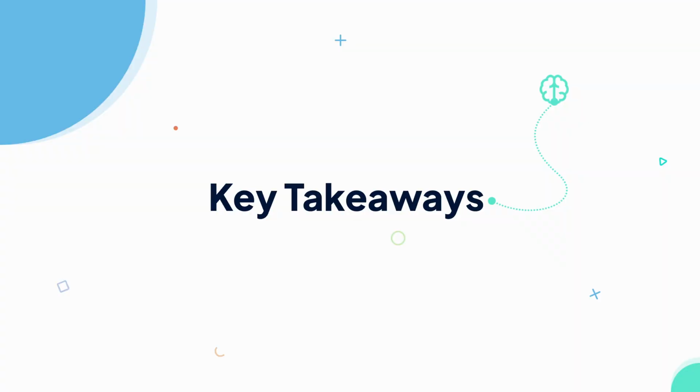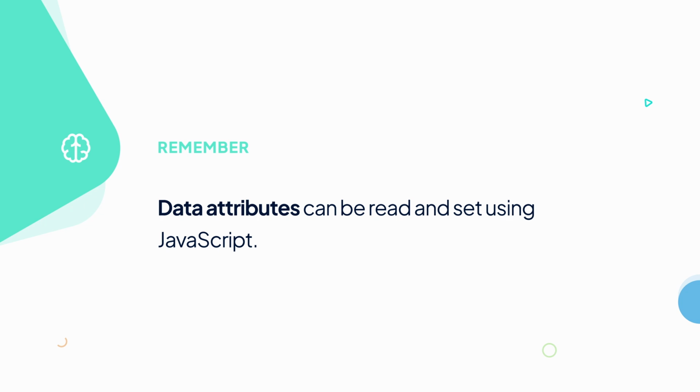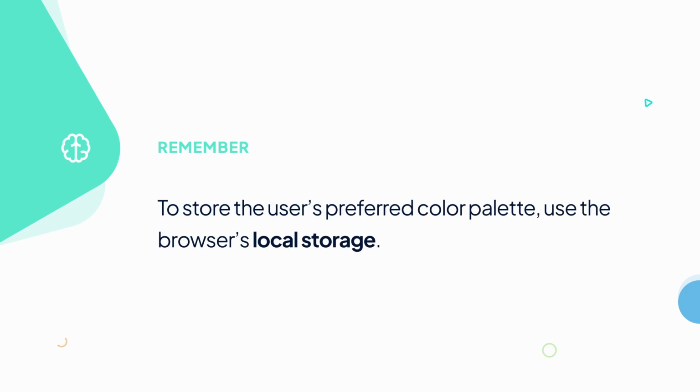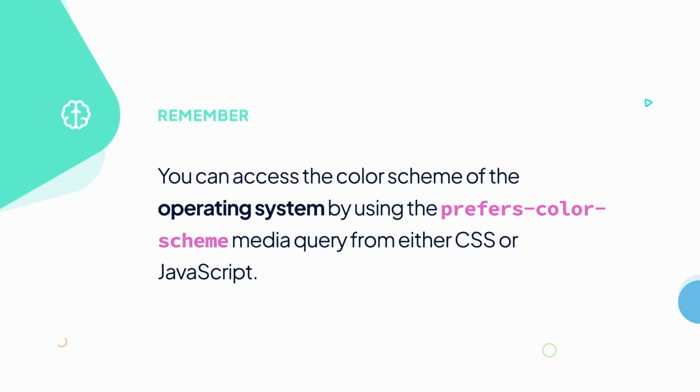Now, let's take a look at some final key points to remember. Data attributes can be read and set using JavaScript. To store the user's preferred color palette, use the browser's local storage. You can access the color theme of the operating system by using the prefers-color-scheme media query from either CSS or JavaScript. All right, and that's about it for this course.